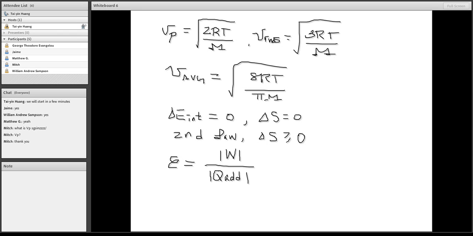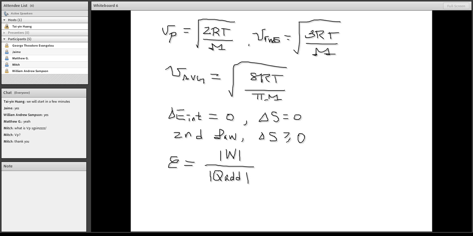There might be two segments of the cycle that involve heat added to the system. Okay, so this is the definition of the thermal efficiency: the amount of work done by the engine divided by the amount of energy that's being added as heat.